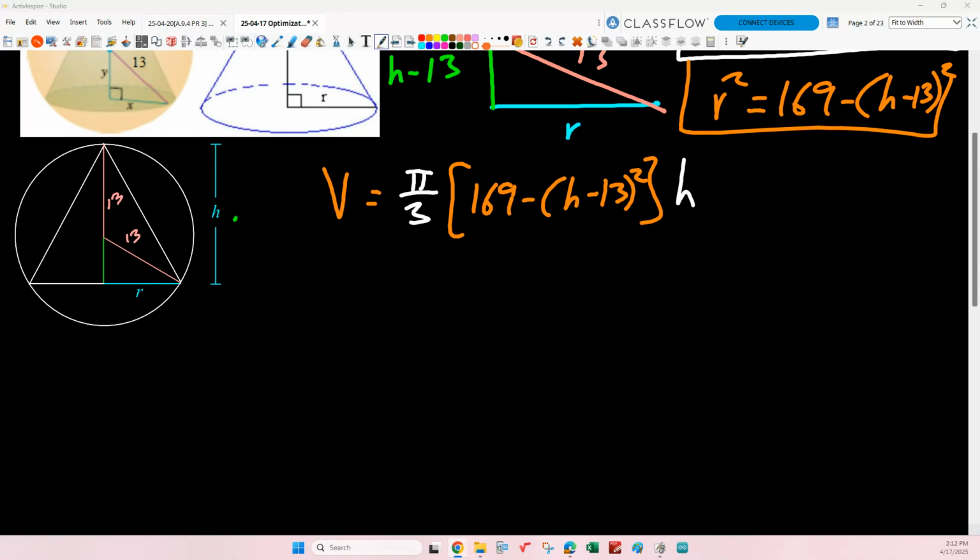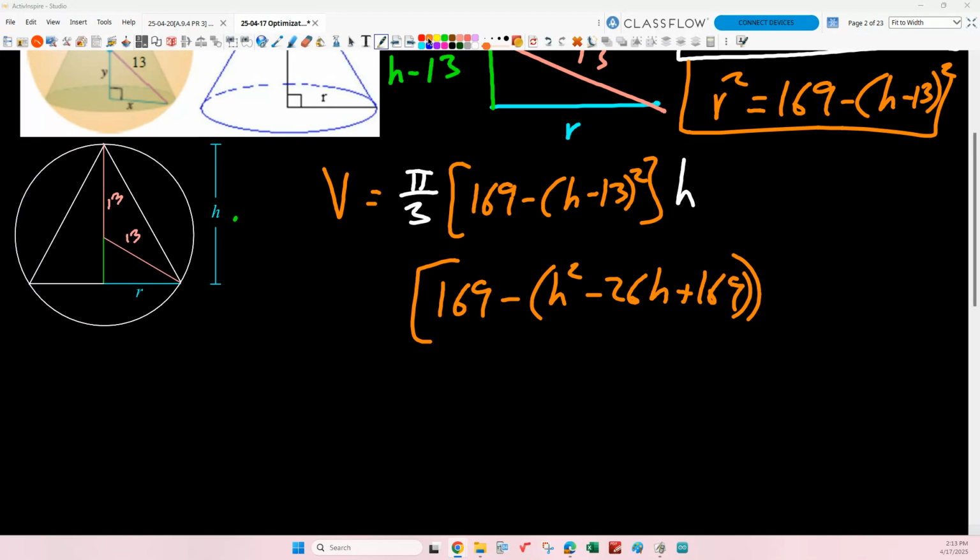So if I expand out (h minus 13) squared, what's that going to give me? h squared minus 26h, plus 169. Okay, and when I distribute that negative, it's going to just cancel that, isn't it?